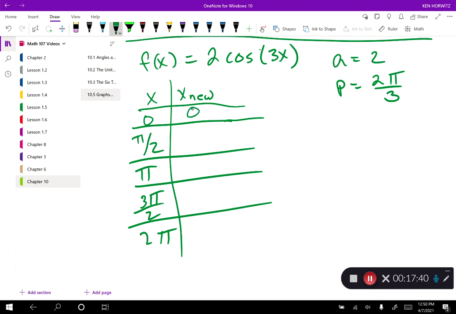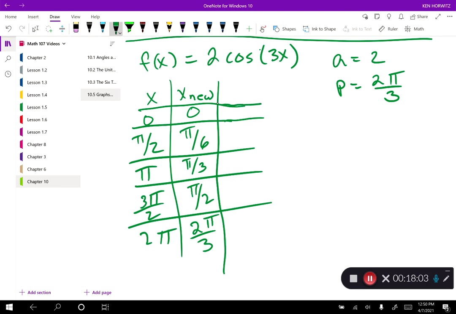So I get 0, pi over 6, pi over 3, pi over 2 when I simplify, and 2 pi over 3. You are certainly welcome to check my work. Please leave a comment if I ever make a calculation error, or you believe I did.